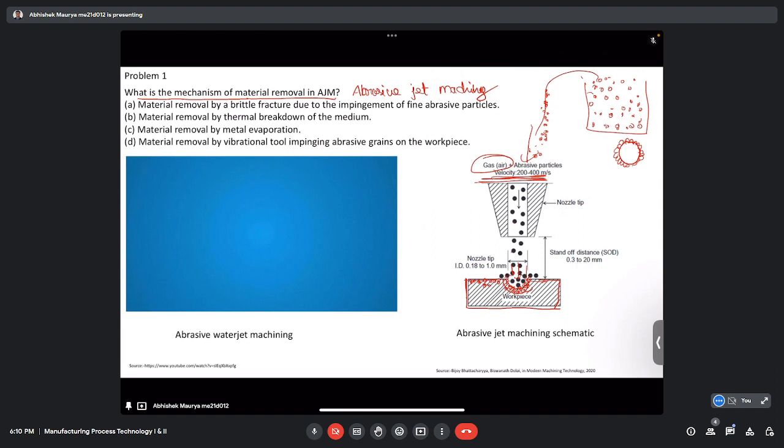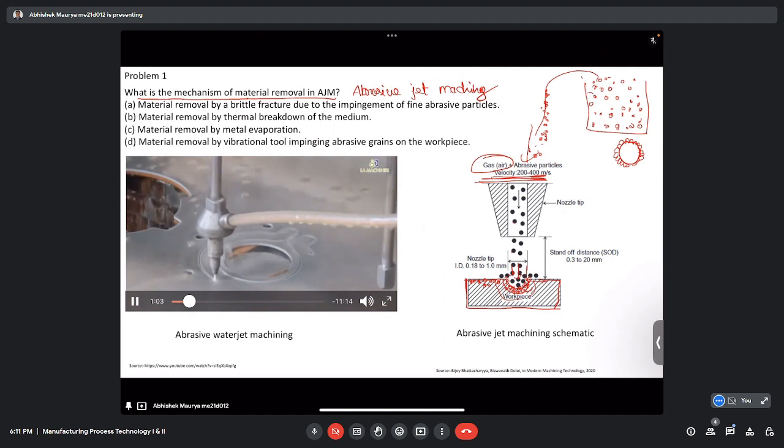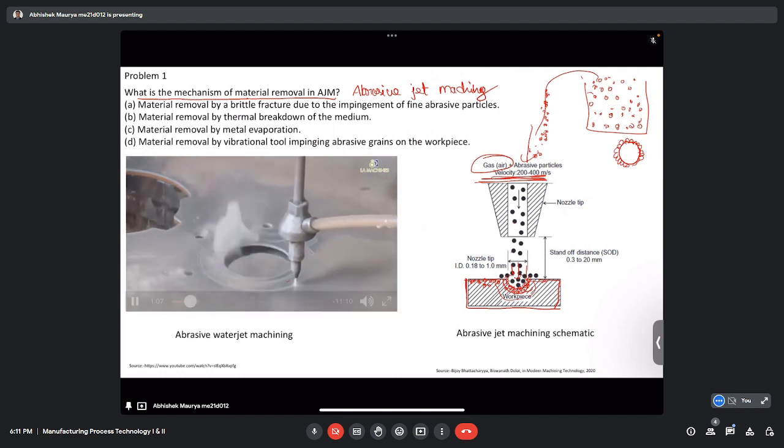This is the mechanism. Now I will show you a video where you can see how abrasive water jet machining is useful to create some very difficult to make shapes. You can see here a jet of abrasive and water.